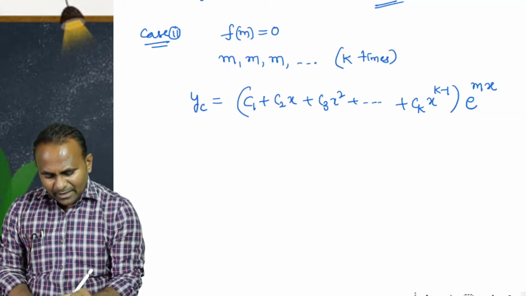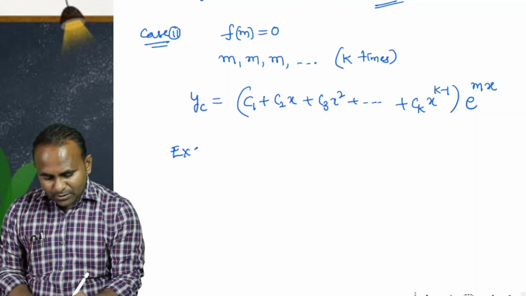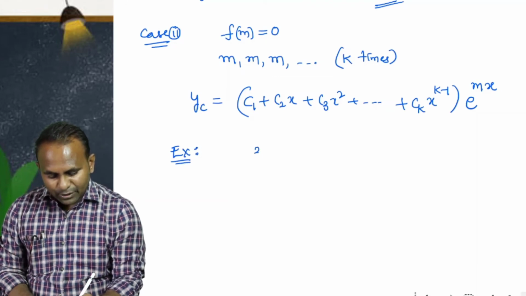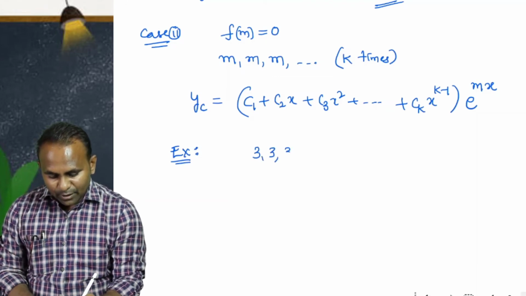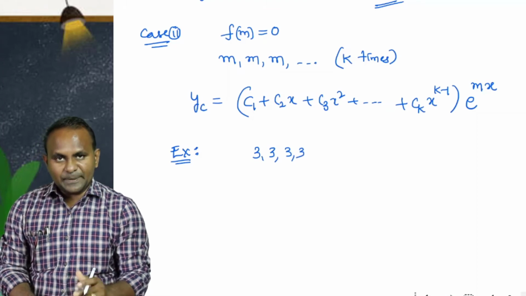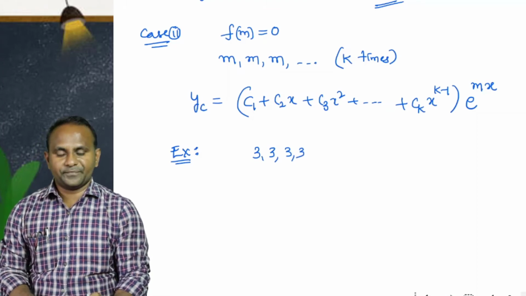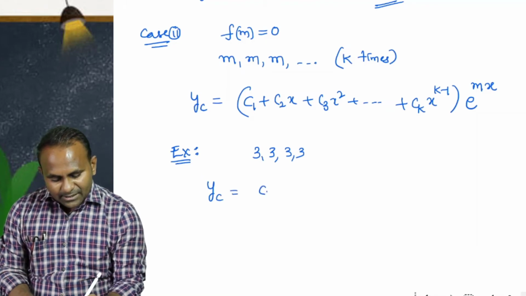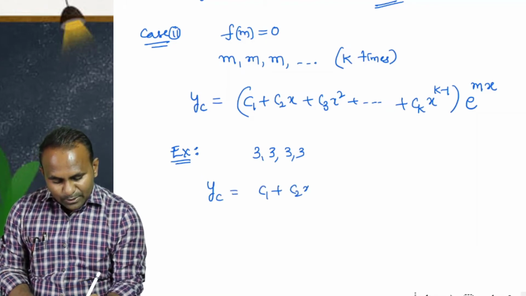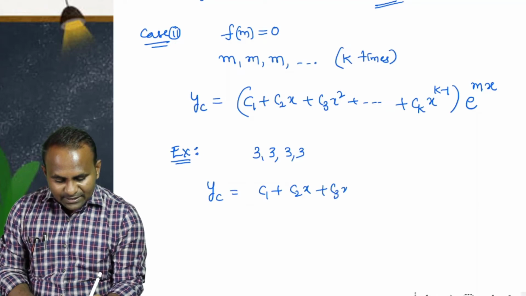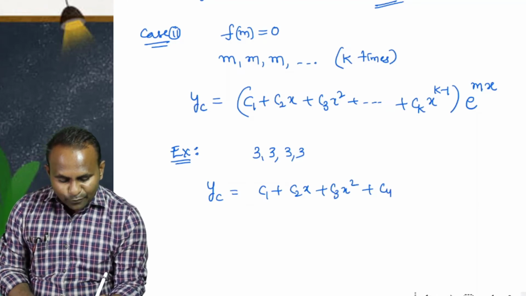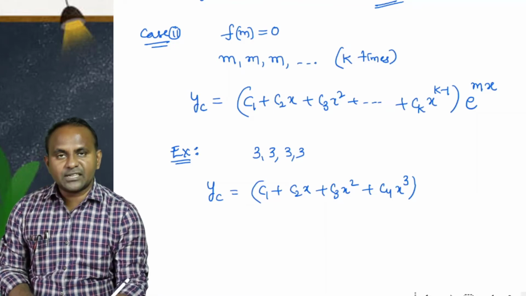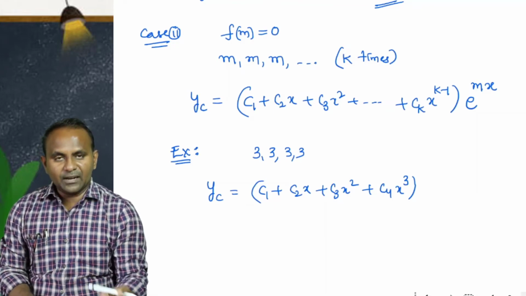Just for an example, suppose you have the roots of an auxiliary equation like 3, 3, 3 and 3. I mean 3 is a repeated root, 4 times. Then your complementary function will be c1 plus c2x plus c3x square plus c4x power 3. See, there are 4 arbitrary constants used, which is a polynomial in terms of x.